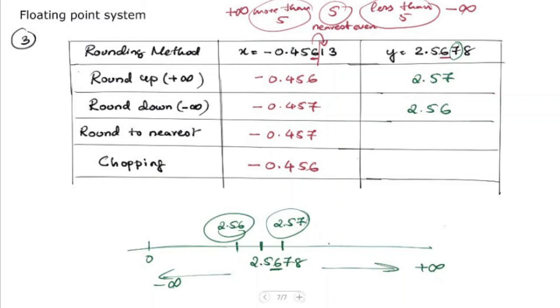So now here towards the positive infinity, this is our number that we are rounding up to. So we have here 2.57, and then we have chopping. That means we just take up till here, no matter what the next numbers are, we don't consider it. So we just chop it at the third digit. So we have here 2.56 chopped at the third digit. That's the number.